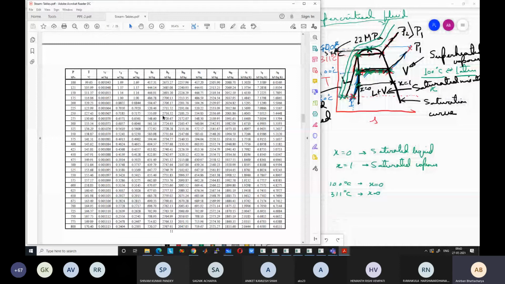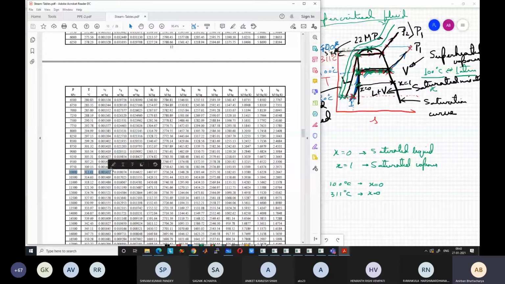Just remember this value. At 100 atmospheric pressure, the boiling point is 311 degrees centigrade and the specific volume is 0.001452. Okay, this is the specific volume.